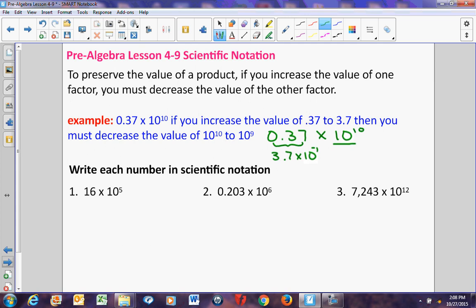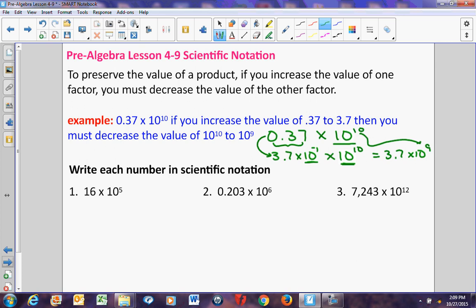And I still have my 10 to the 10th there. We learned earlier that if we have numbers taken to the same base, we can add their exponents. Negative 1 plus 10 is 9, so that's how you get 3.7 times 10 to the 9th. This 0.37 got bigger, so this has to get smaller.